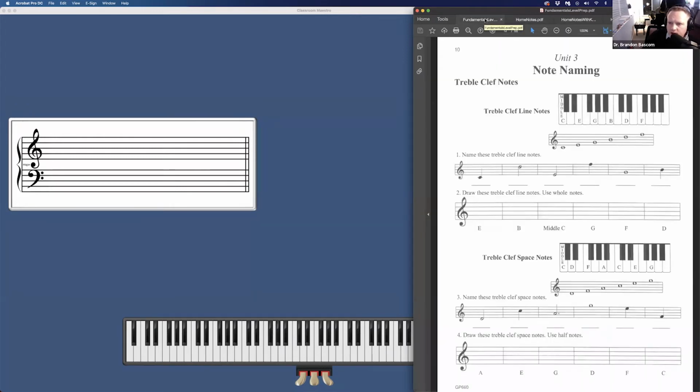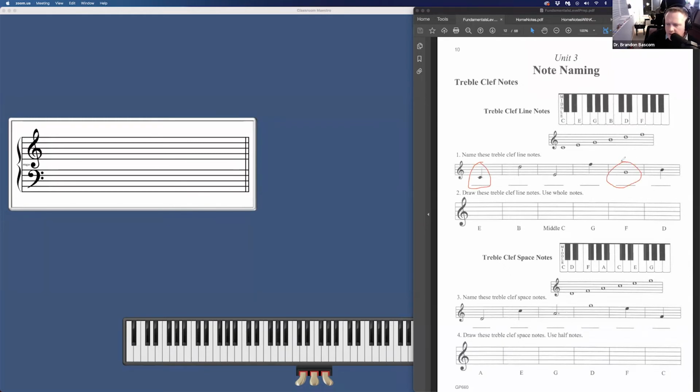Okay, here we are in Unit 3, talking about the treble clef line notes. As you can see, we have the musical alphabet in skips there, C, E, G, B, D, F. Okay. They want you to name these notes here. This one's a home note.